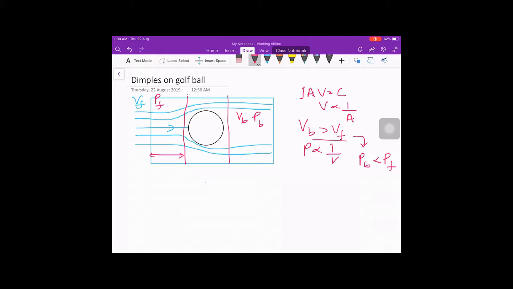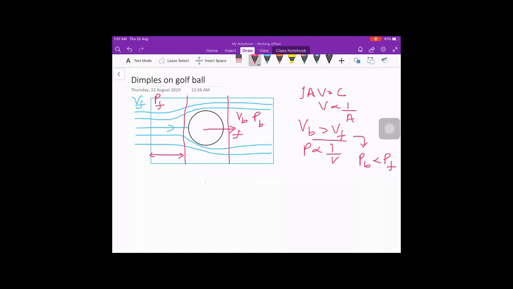As we all know, any object tries to move from a high pressure region to a low pressure region, so there will be a force acting on this ball which is against the motion of the ball. This is the force acting on it.